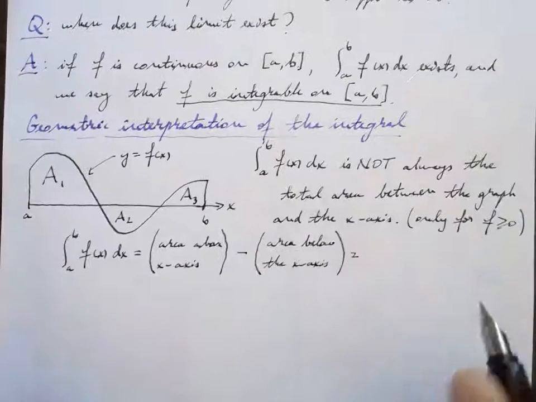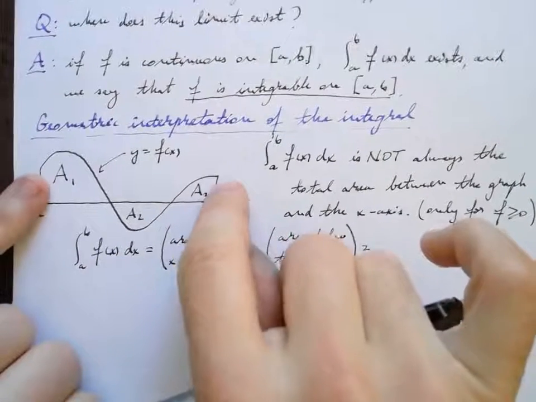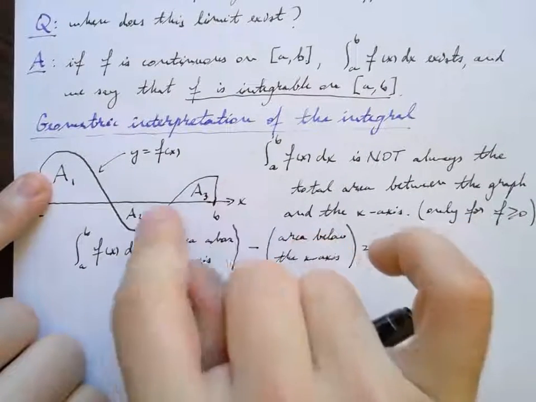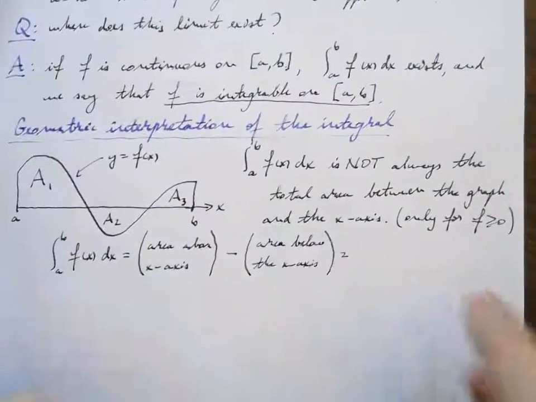So in other words, I take area that's above the x-axis to be positive, and I take the area that's below to be negative.